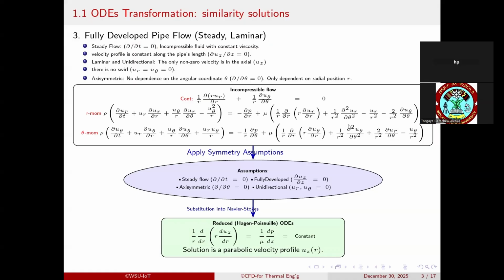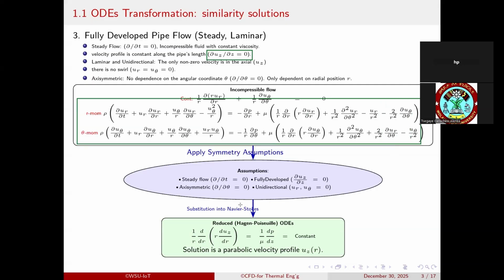Instead, it relies on the assumptions of steady, fully developed laminar flow, which reduce the complex Navier-Stokes PDEs to very simple ODEs in a single spatial variable, the radial position.